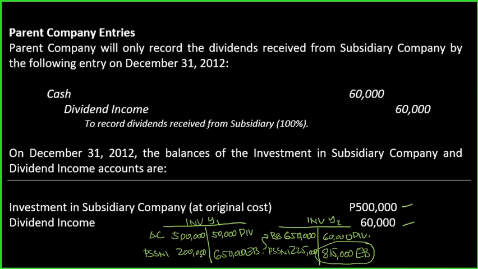So you've eliminated that too. And finally, you eliminate this by debiting the ordinary shares and share premium of the subsidiary and crediting the investment account.